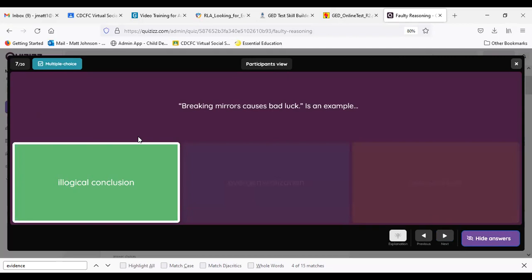There's no evidence or reasoning for that. That's a superstition. Just like a black cat crossing your path, which is a problem for me because I own a black cat. You don't have evidence to support that. There's no logical reasoning in that. So that's just a straight up illogical conclusion.